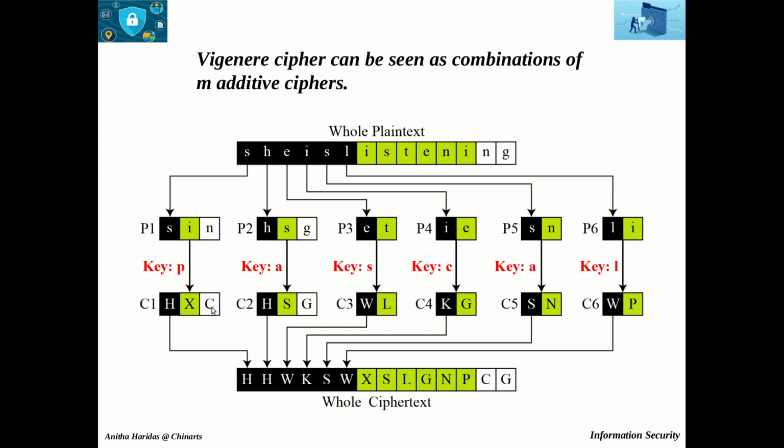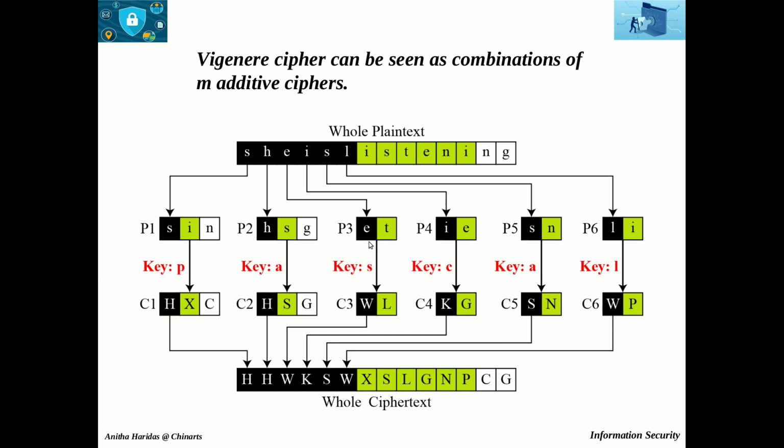It produces the ciphertext. In the same way, the second character is H in the first block, S in the second block, G in the third block. So all these 3 characters will be added with A to produce some ciphertext.